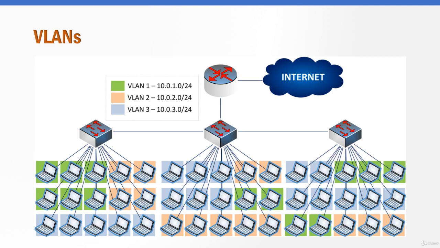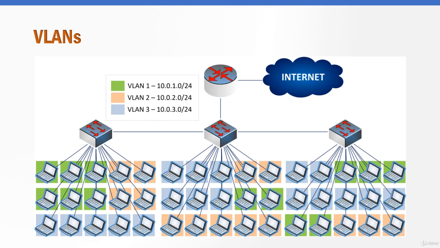I'm going to suggest two solutions to this issue, and the issue is a too big network. So we want to segment this network into smaller parts. One way we can do that is using VLANs. VLAN stands for Virtual Local Area Network, and it's used to virtually separate different logical segments of a network.